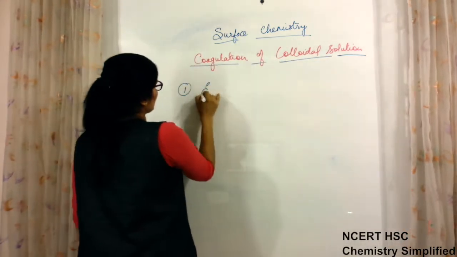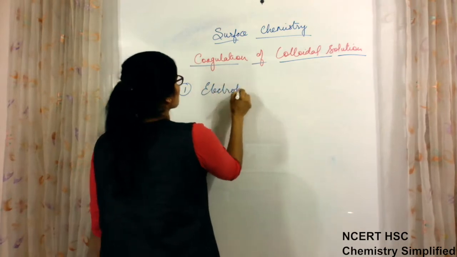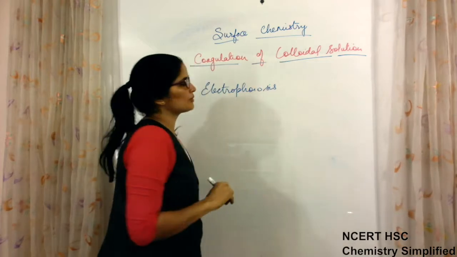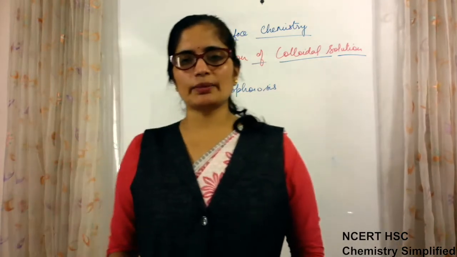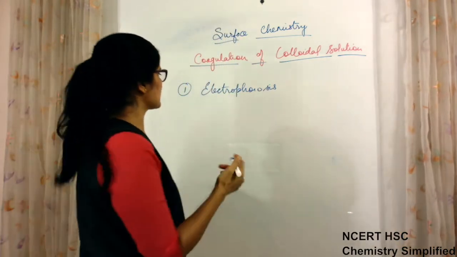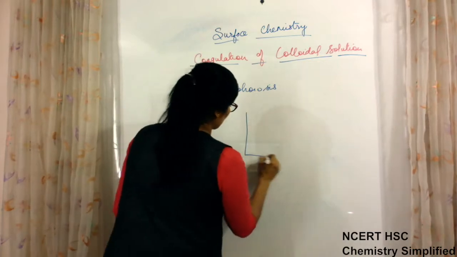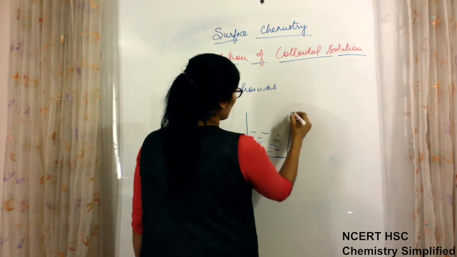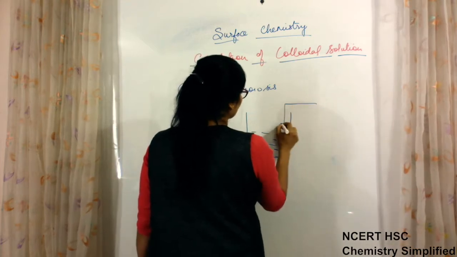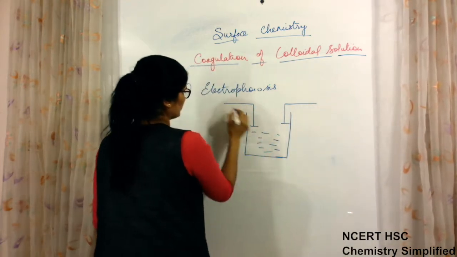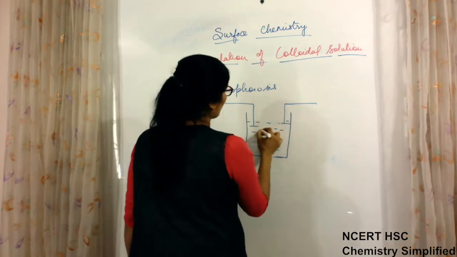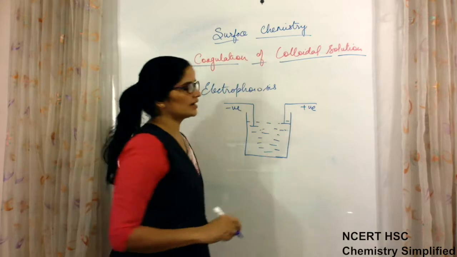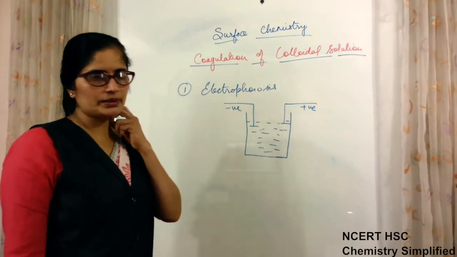The first method is electrophoresis. By the electrophoresis process, this coagulation can be done. And what is electrophoresis? If a colloidal solution is taken in a container, and positive and negative plates are connected to it, then what will happen?